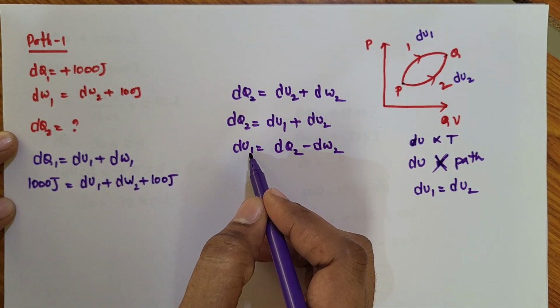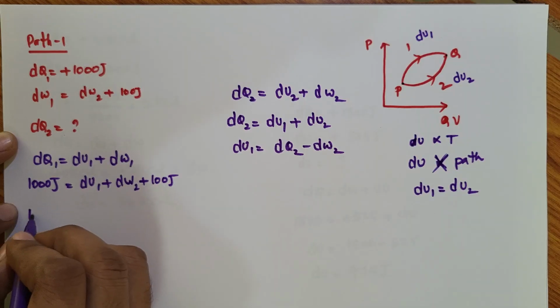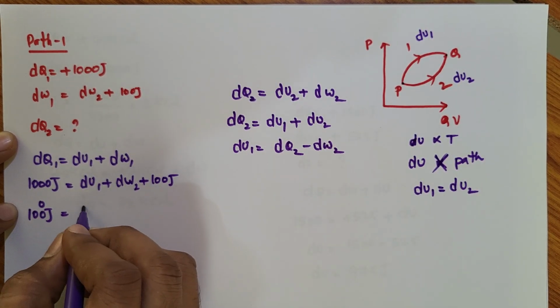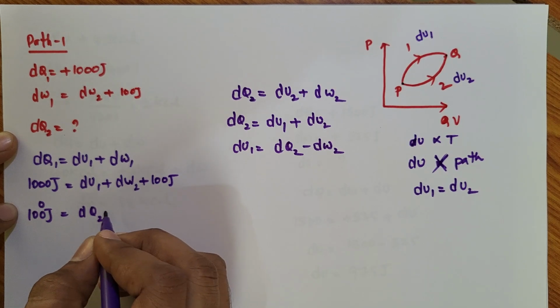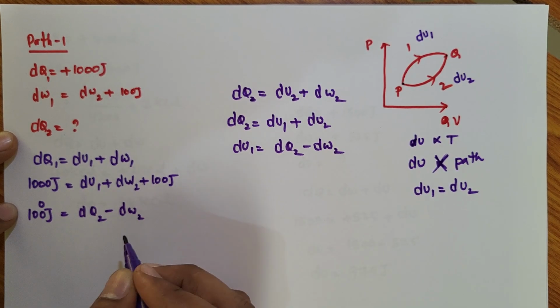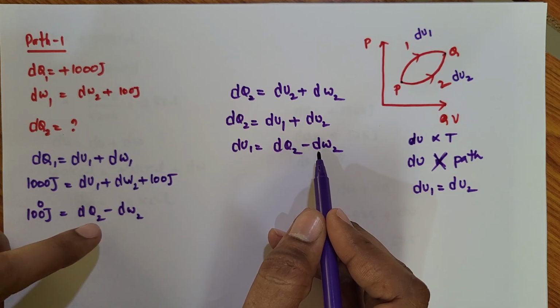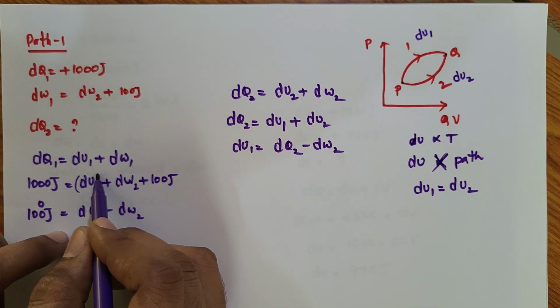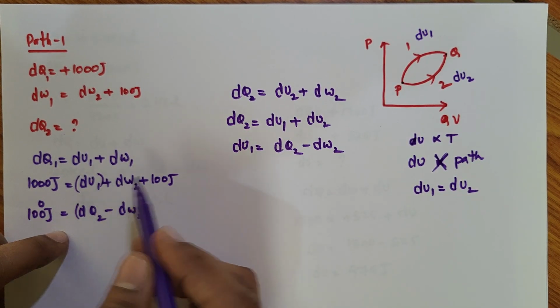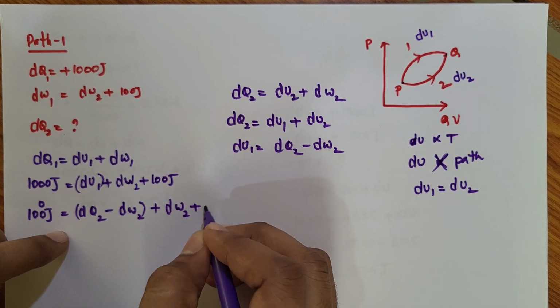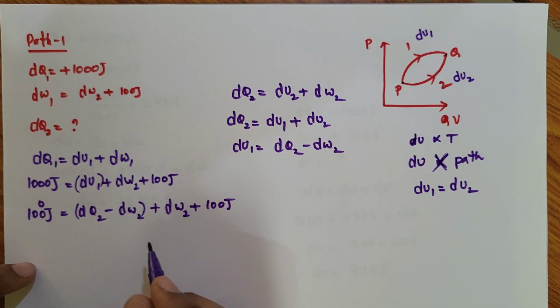Substitute this dU1 here. You will get 1000 joules is equal to dU1, which is dQ2 minus dW2, instead of dU1. Afterwards, plus dW2 plus 100 joules.